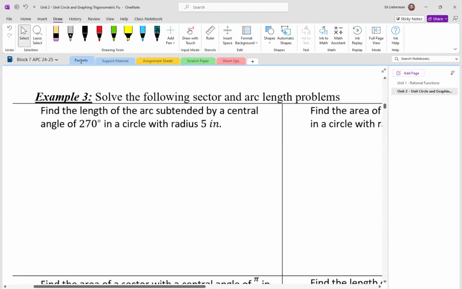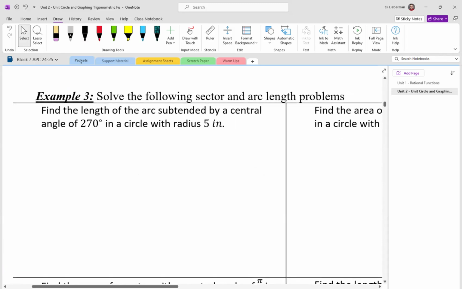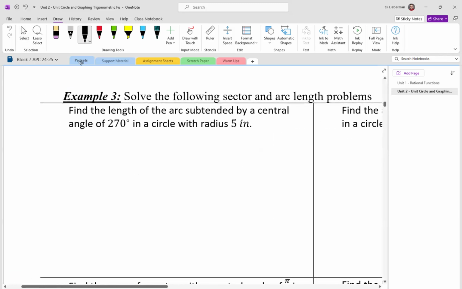Okay. Find the length of the arc subtended by a central angle of 270 degrees in a circle with radius 5 inches. You may not know the word subtend, but maybe you could use contextual clues to figure it out. Looking for arc length.